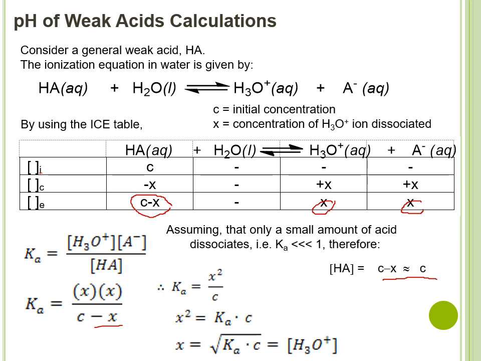So we replace C minus X with C. And now we can find X, whereby X is the square root of Ka multiplied by C. This is the concentration of H3O+ in the dissociation and ionization equation.